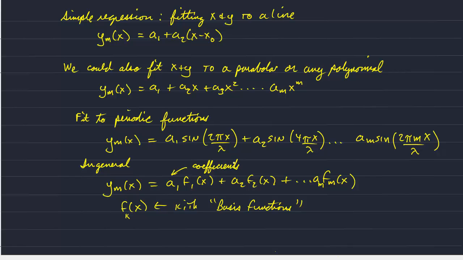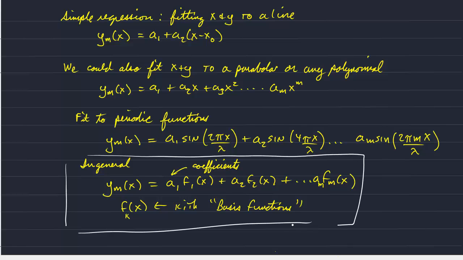They describe simply how important a given function is to the overall fit. So the bigger a is, the more substantial this function is in describing the model. So this is the general form of the model we're going to try to find for our data pairs.